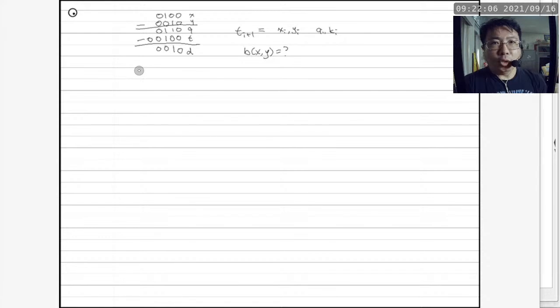But not knowing how T of I plus 1 is defined is not a clarification question. Not knowing how B of xy is defined is not a clarification question. So those are different compared to: I know how this is defined, I know how that is defined, but I'm not really sure how they are connected.